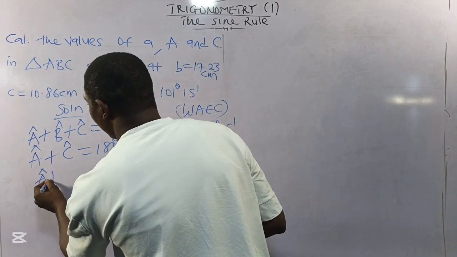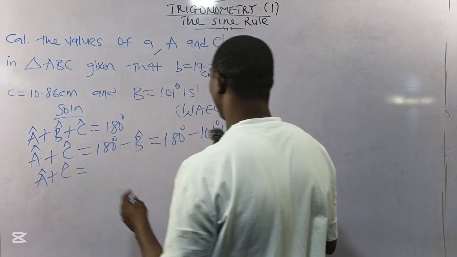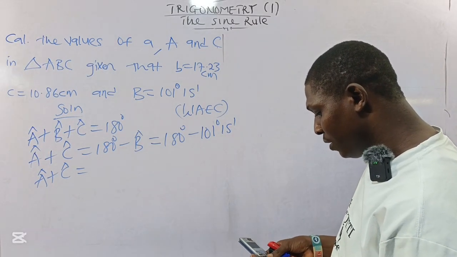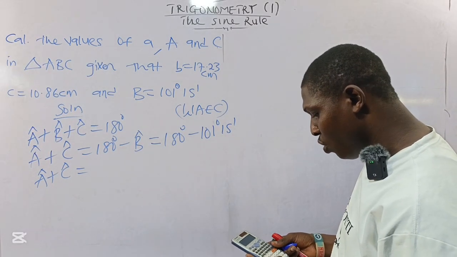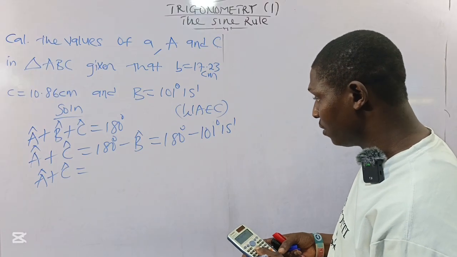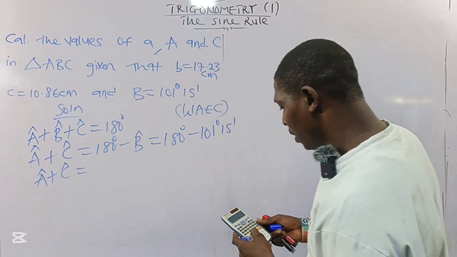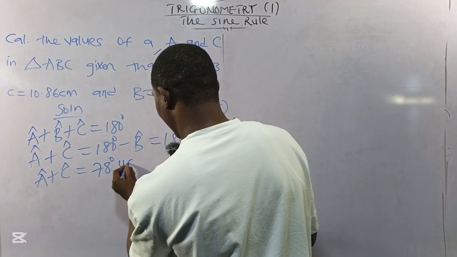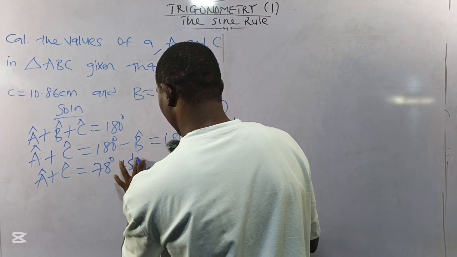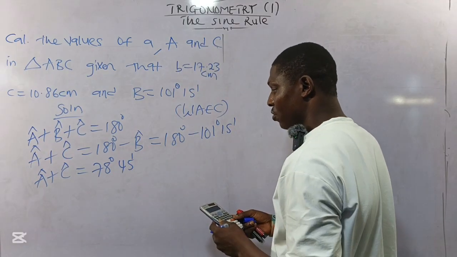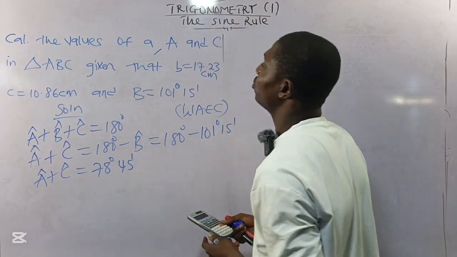So angle A plus angle C, which is the sum of A and C, will be equal to 180 degrees minus 101 degrees 15 minutes. That will give me 78 degrees 45 minutes and 0 seconds. So there's no need for me to put 0 seconds.